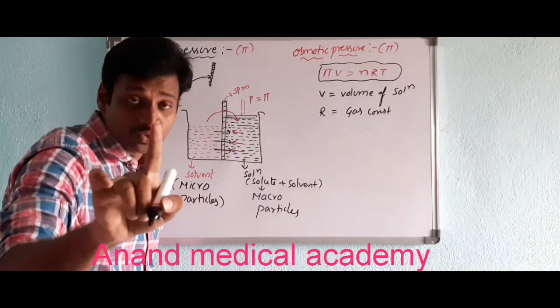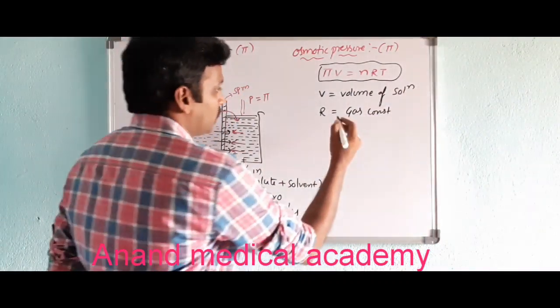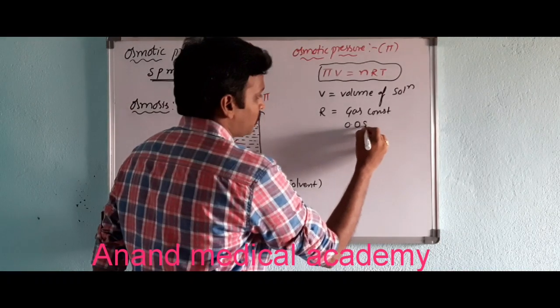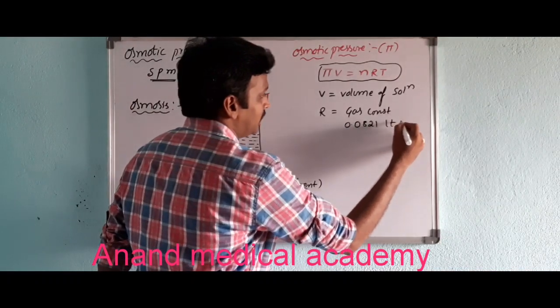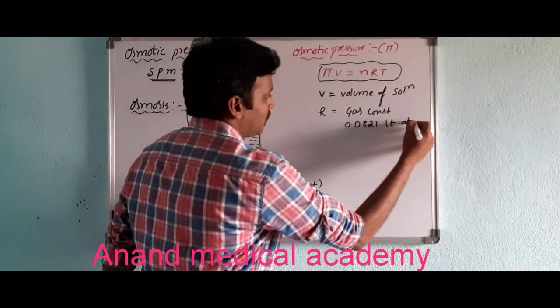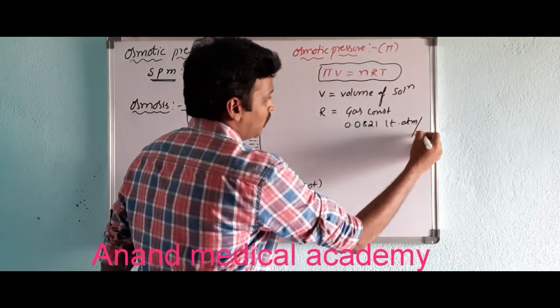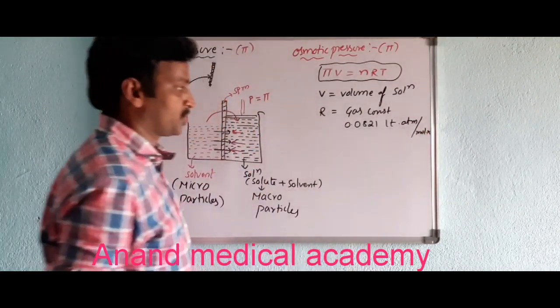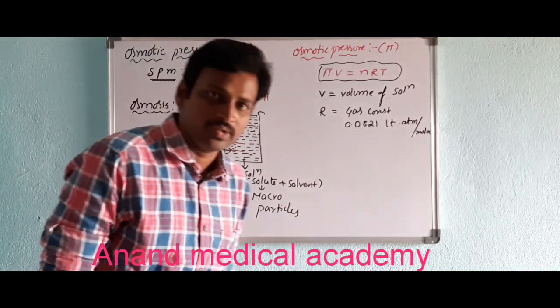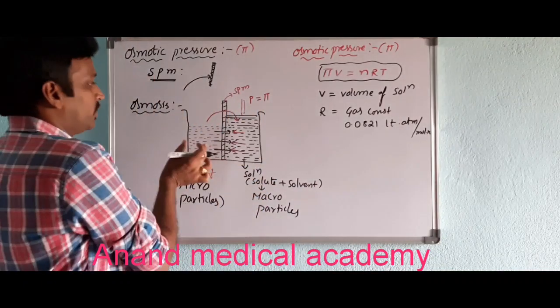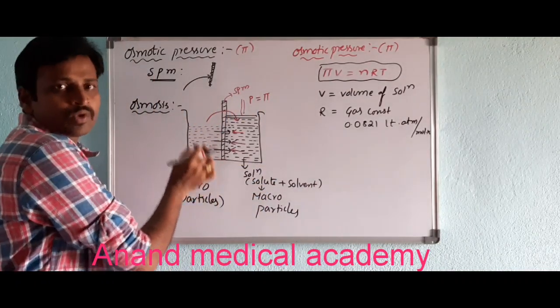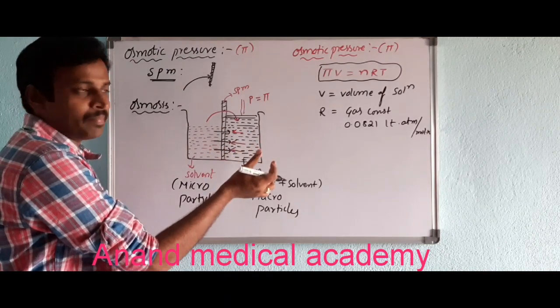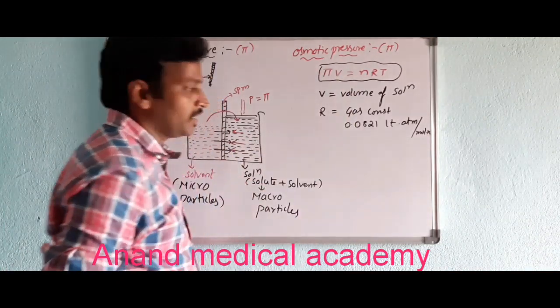For the gas constant, don't use 8.314. Here we have to use 0.0821 liter atmosphere per mole Kelvin as the R value, because here we are considering pressure in atm and volume in liters.